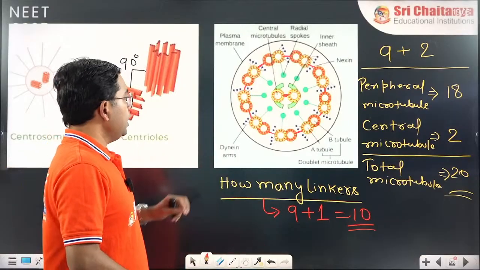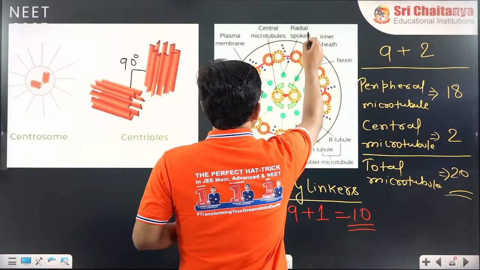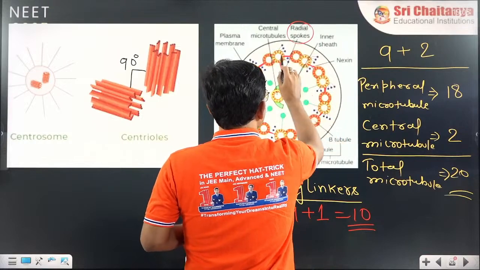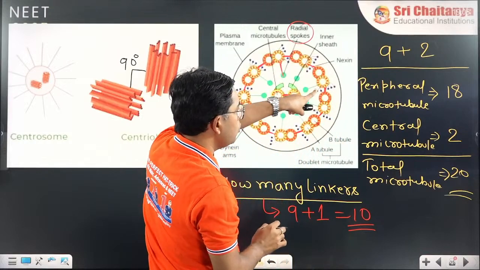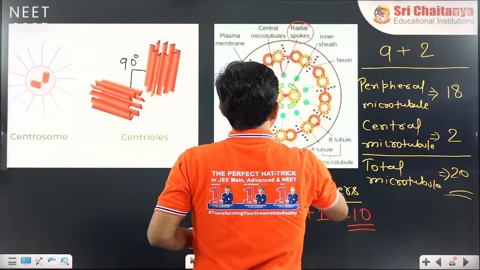Fine. Then the next question, this one we call the radial spoke, right? This one which is coming out from each doublet, you can see one spoke-like structure is coming out. So this is called a radial spoke.